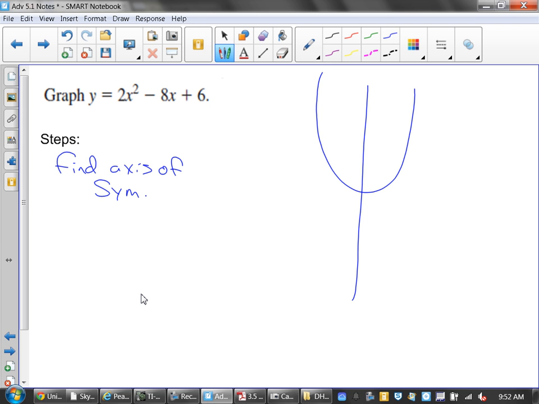So our axis of symmetry is always going to be x equals, and how you figure that out from your quadratic equation, your standard form, is always going to be the opposite of b over 2a. What we're doing here is plucking coefficients off. So the first thing that I do when I have a standard form of an equation is find the axis of symmetry.